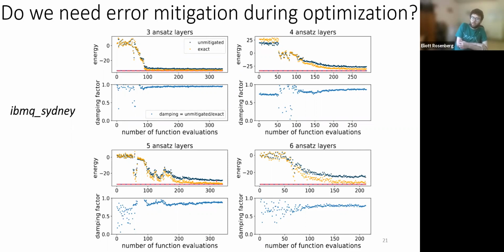VQE is kind of the test problem that we're using to test how well our error mitigation techniques are working. So all I'm trying to show from these plots is that we're getting close to the ground state energy without applying error mitigation during the optimization phase. But yeah, that's a good point that you raised.